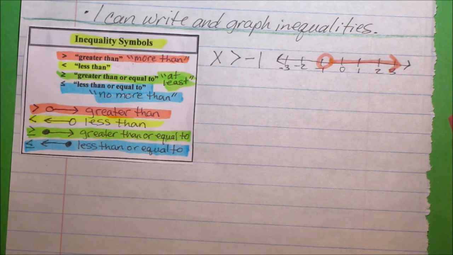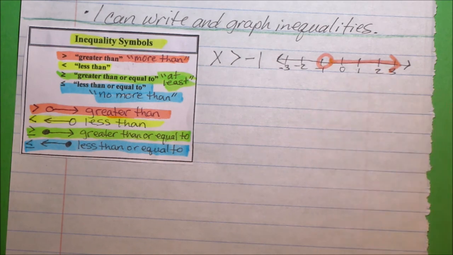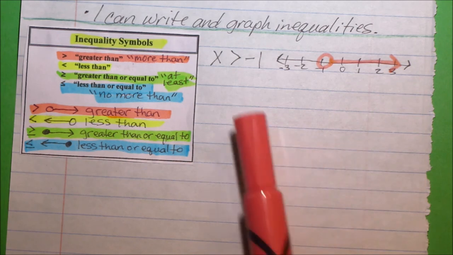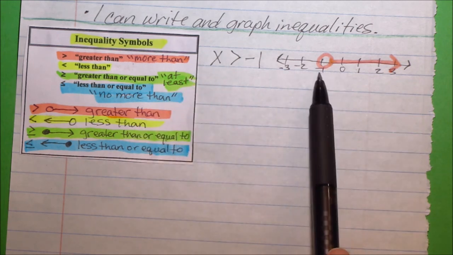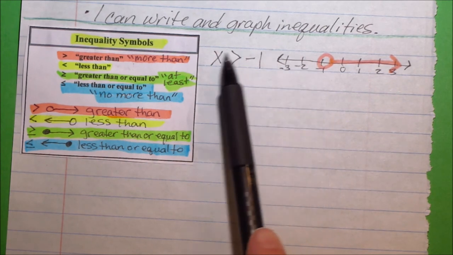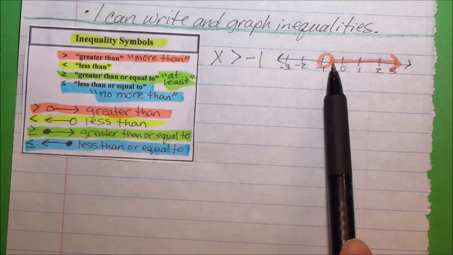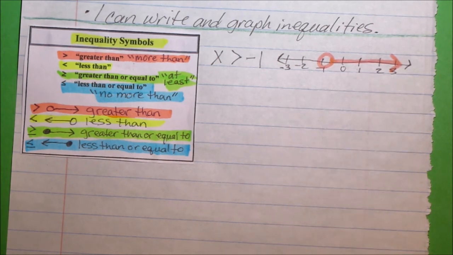No, it's anything greater than -1, larger than -1. The arrow that I graphed here represents everything that x could possibly be. X can't be -1, and it can't be anything on this side of the number line. It is anything that is greater than -1, and the arrow represents that.